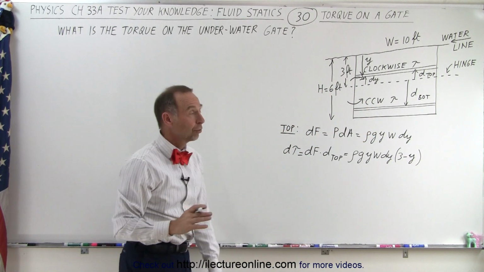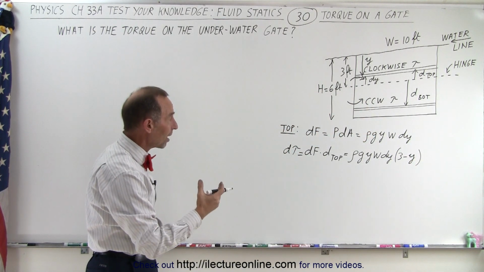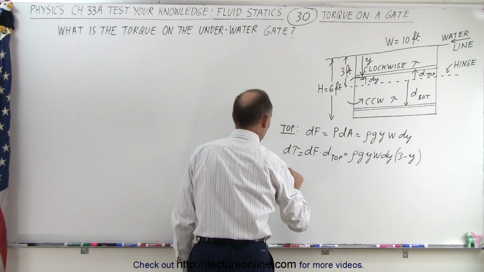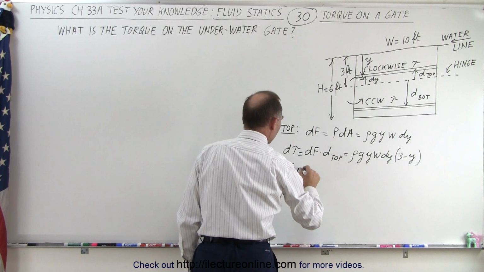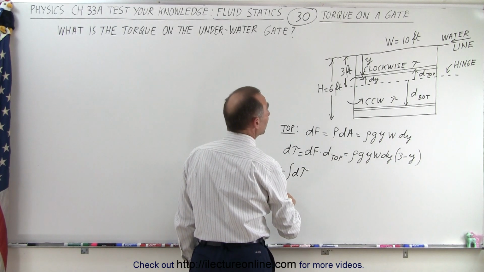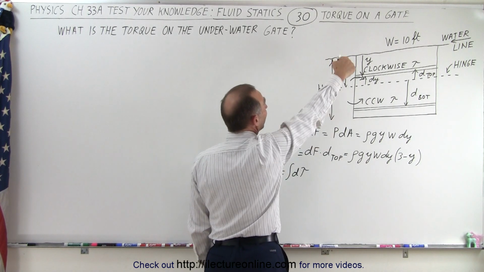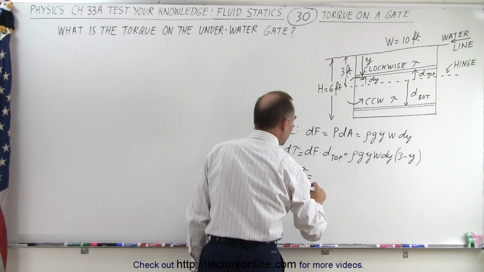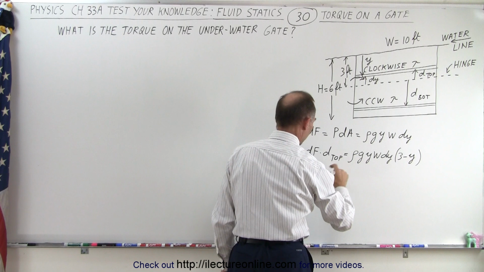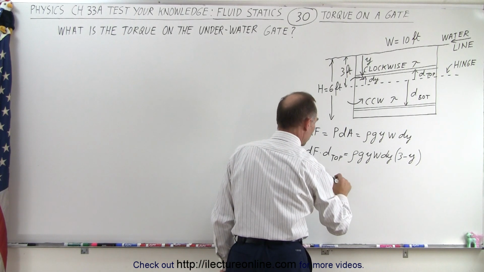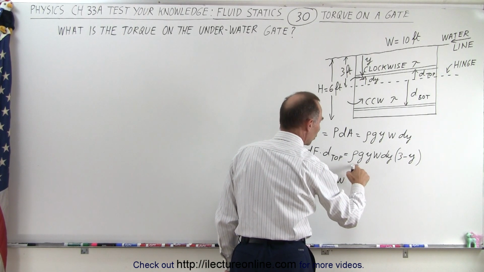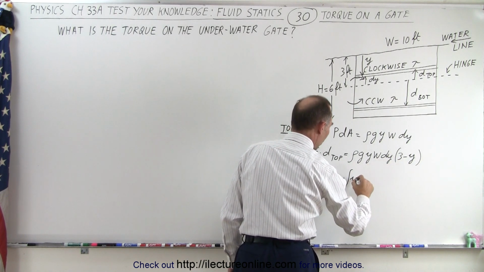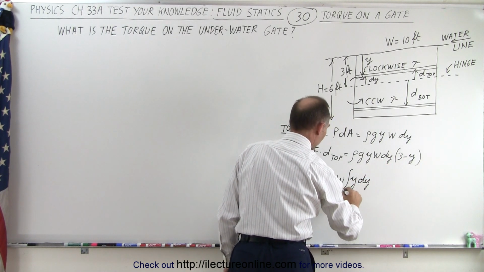It looks like to get the torque at the top, we're going to need two integrals, because the torque is going to be the integral of all the d torques, and we're going to integrate from y equals 0 to y equals 3, and it's going to be equal to the first integral, which is 3 rho g w times the integral of y dy from 0 to 3.